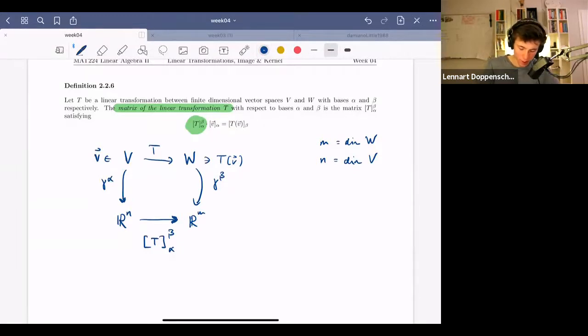So this is going to be taking v in the coordinates, the basis alpha, to the coordinate n-tuple of T of v in the basis beta.